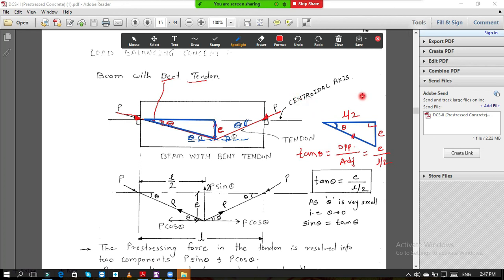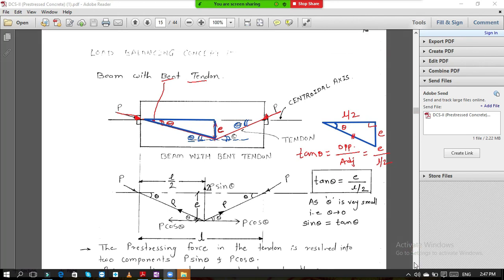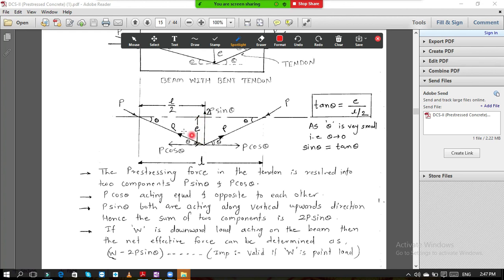Now, the concept is explained over here. What exactly is happening in this load balancing concept? See now, this is your eccentricity, this is angle theta, and this distance is L by 2. If the pre-stressing force P is acting over here, then in the tendon also a force P is developed.